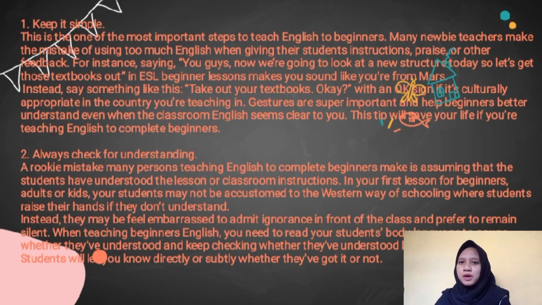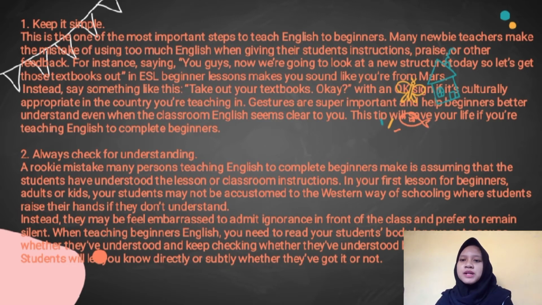1. Keep it simple. This is one of the most important steps to teach English to beginners. Many newbie teachers make the mistake of using too much English when giving their students instructions, praise, or other feedback. For instance, saying, "You guys know we're going to look at a new structure today, so let's get the textbook out." In an ESL beginner lesson, that makes you sound like you're from Mars.